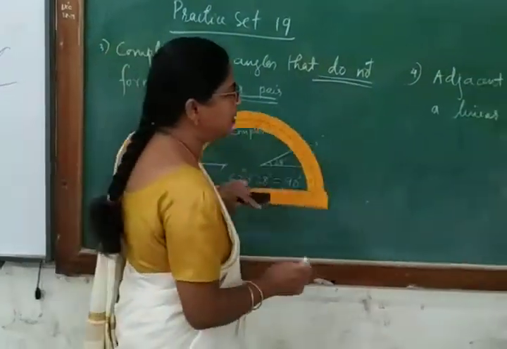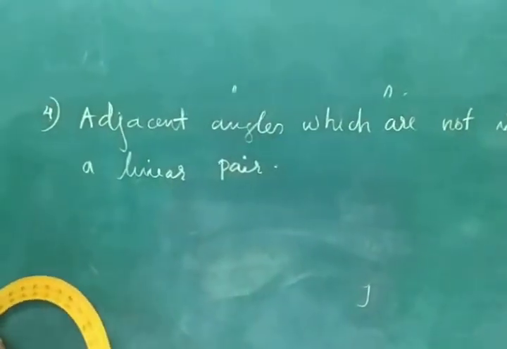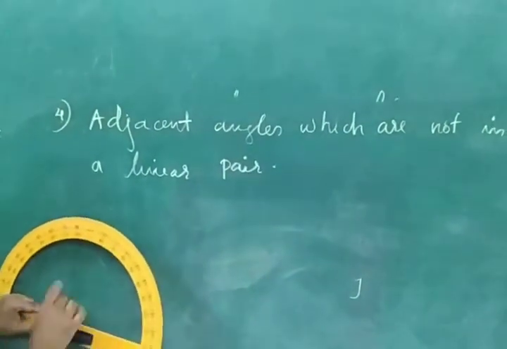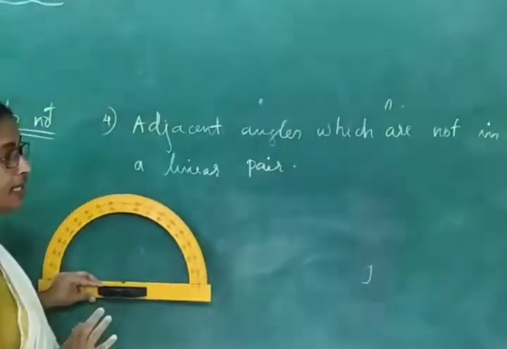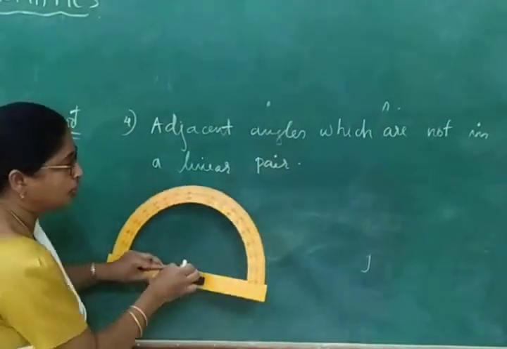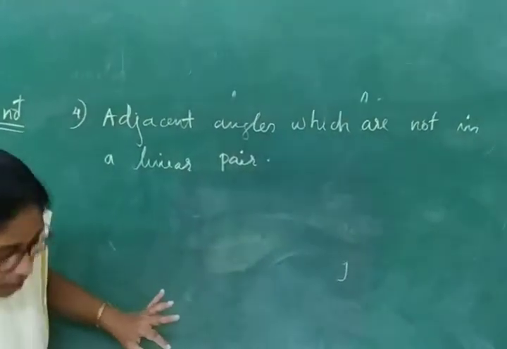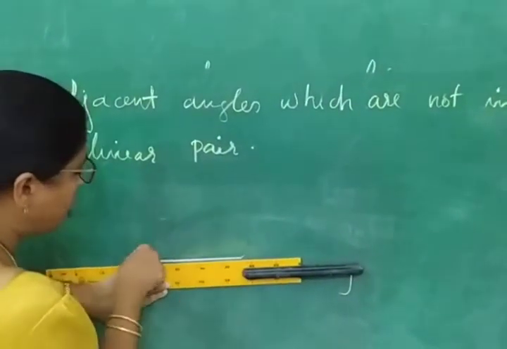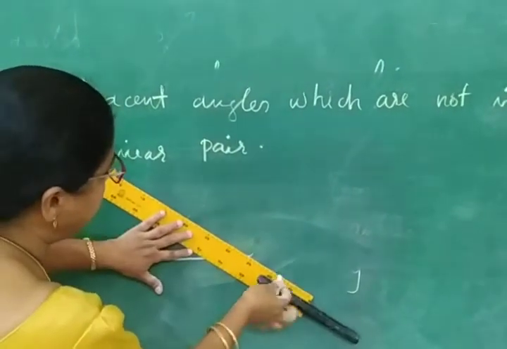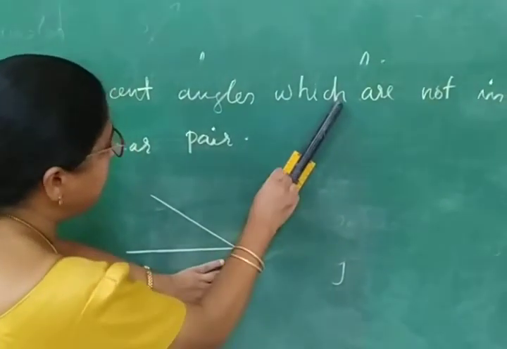Now question number 4, adjacent angles which are not in a linear pair. You are asked to draw adjacent angles. Are you able to draw the adjacent angles? Any two angles can be drawn as adjacent angles if there is a common ray. Only one condition is that there should be one common ray.